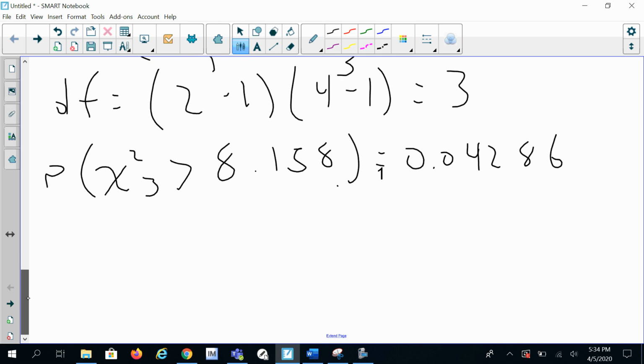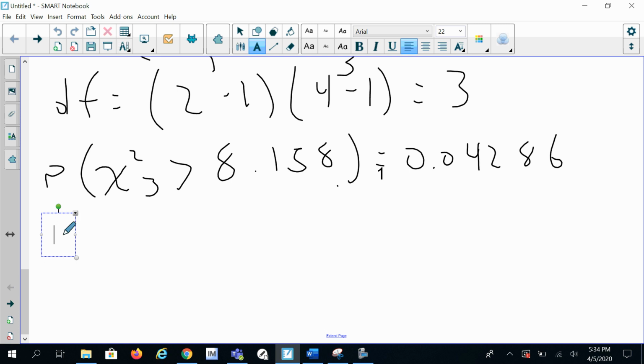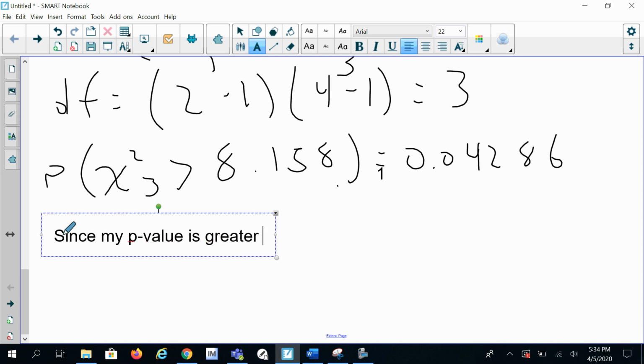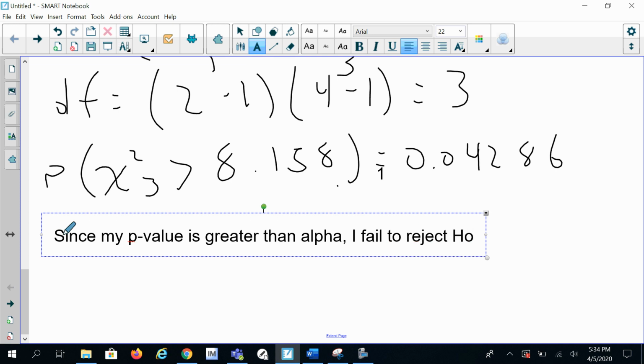So let's write our conclusion. Since my p-value is greater than alpha, I fail to reject H0. And just like the last one, you just write HA again. You either have evidence HA is true or you don't have evidence HA is true.